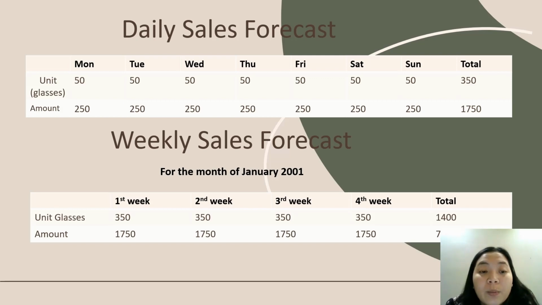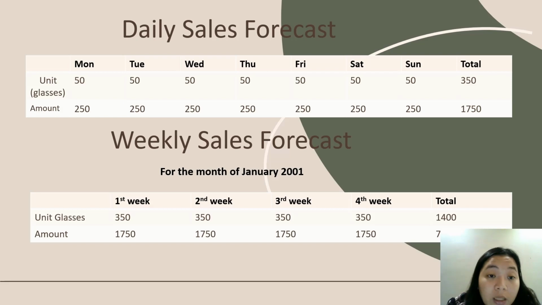So 50 glasses of fruit juice times 5 pesos is equal to 250. So from Monday, nakahalin siya 50, Tuesday, Wednesday, Thursday, Friday, nakahalin siya og tag 50 glasses each day in 1 week.